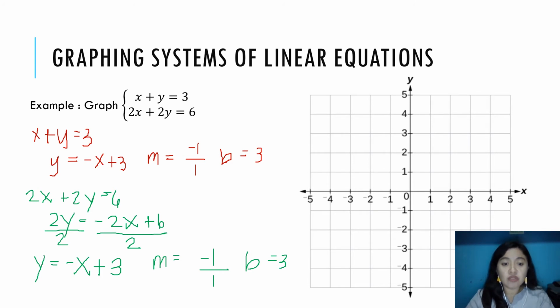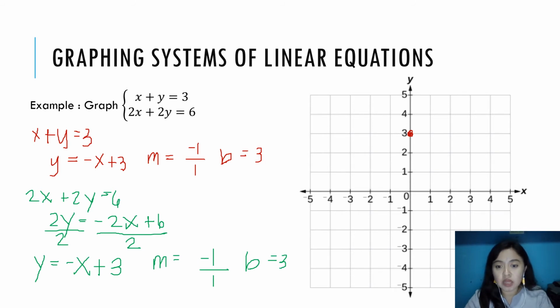So, let us graph the first equation. Its y-intercept is positive 3. So, if we look for positive 3 on the y-axis, it is here. Its slope is negative 1 over 1. So, again, we go down 1, since it is negative 1, and go to the right 1 unit, since the denominator is positive 1.